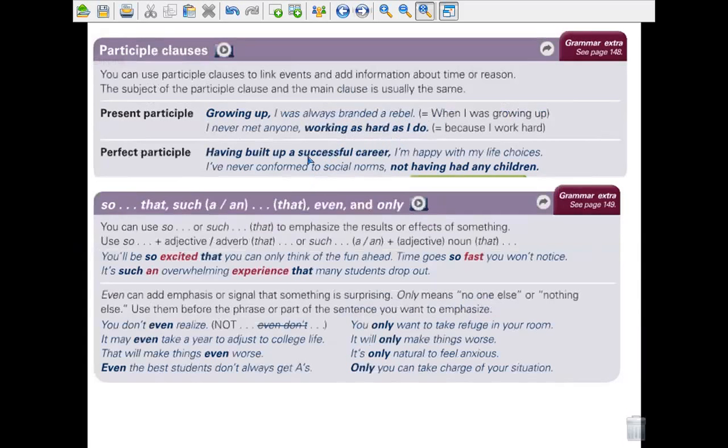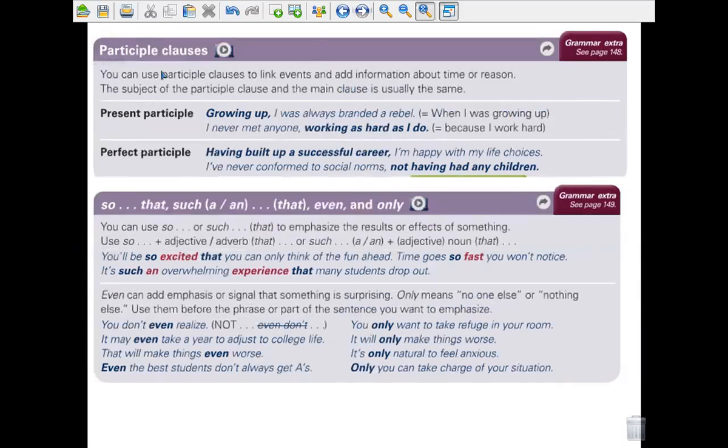Having built up a successful career, I am happy with my life choices. Because I have built a successful career, I am happy with my life choices. I've never conformed to social norms, not having had any children. I've never conformed to social norms because I have never had any children.